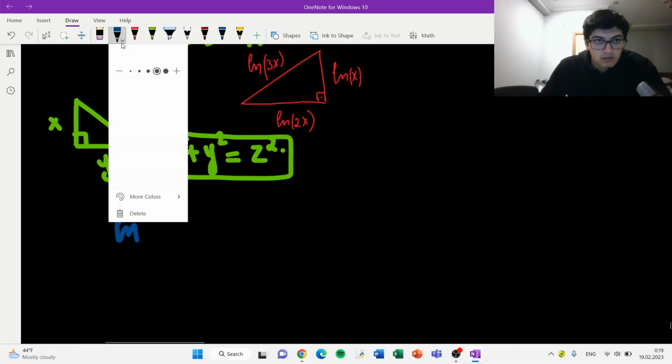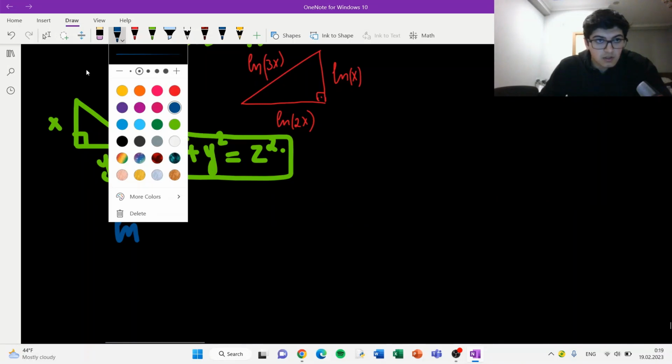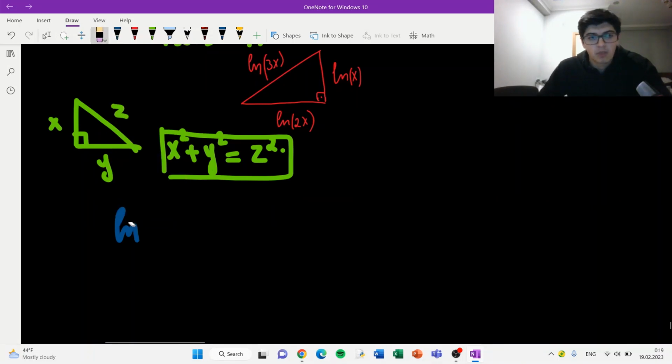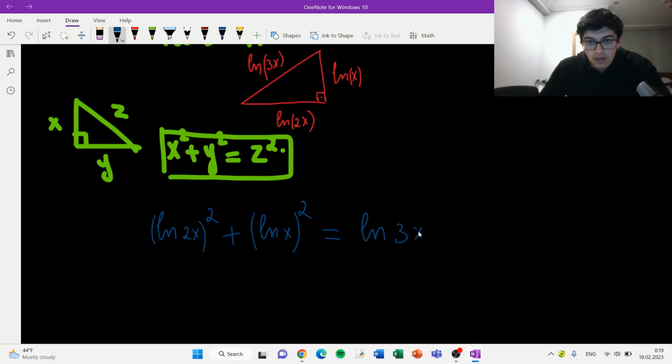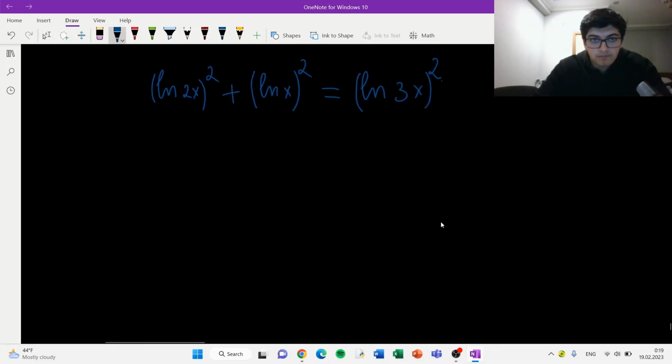Let's decrease the thickness of this pen. ln(2x)² plus ln(x)² is equal to ln(3x)². I think this is clear for everyone.